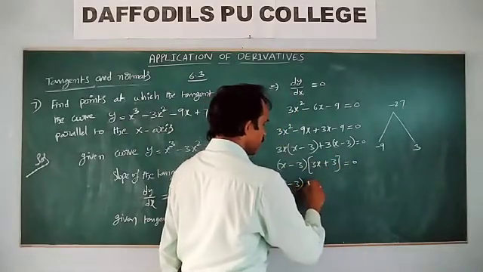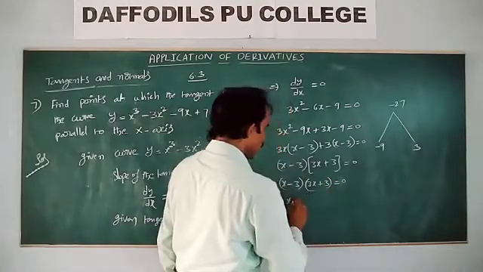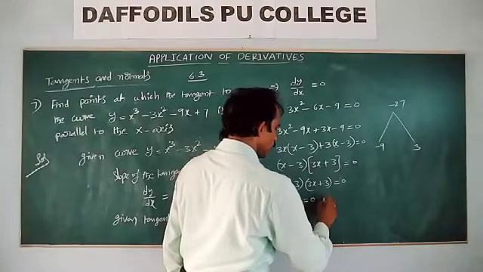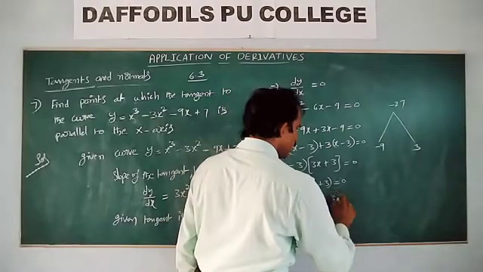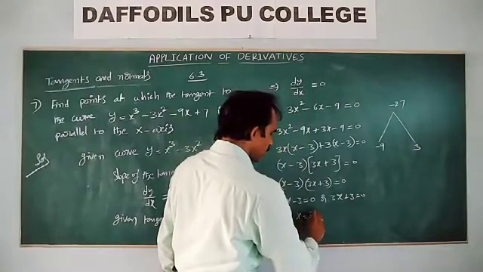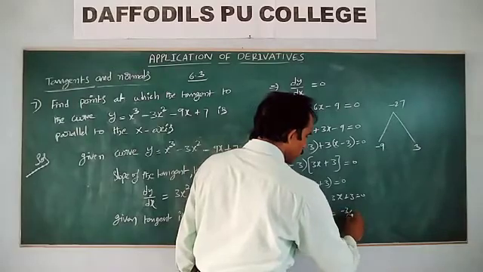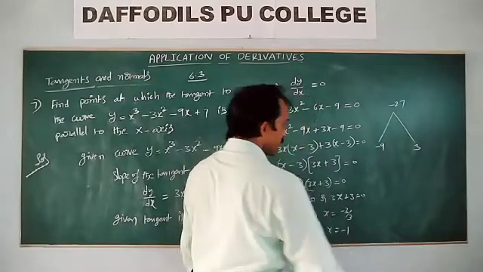Either x minus 3 is equal to 0 or 3x plus 3 is equal to 0. From this, x is equal to 3. From this, x is equal to minus 3 by 3, x is equal to minus 1.